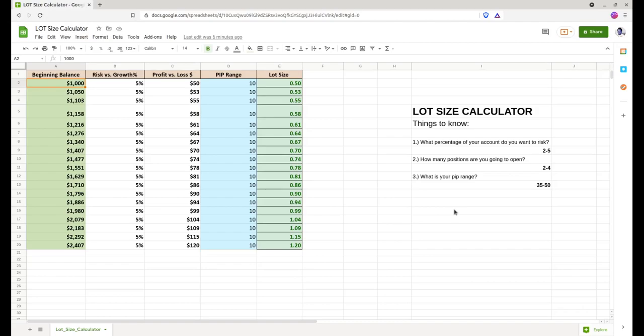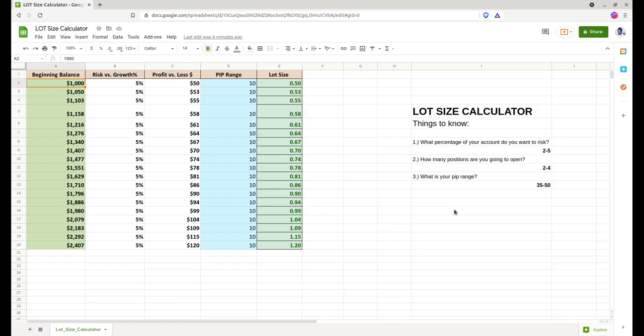What percentage of my account do I want to risk? That is the question that should be lingering in the back of your mind as you are going into any kind of trade. What percentage of risk am I willing to take on? That is a very important question.